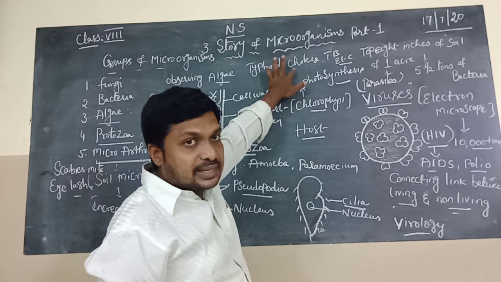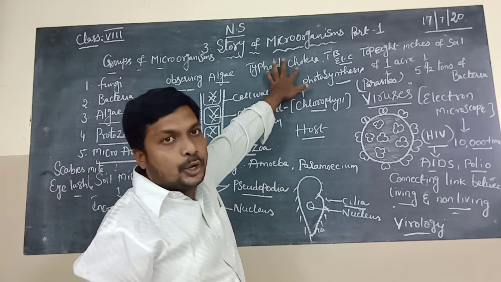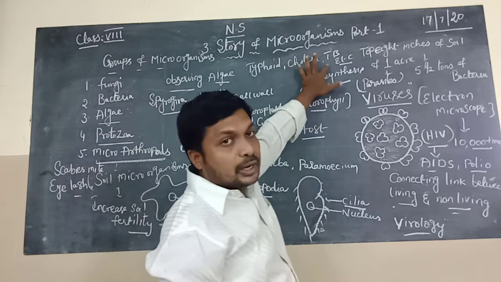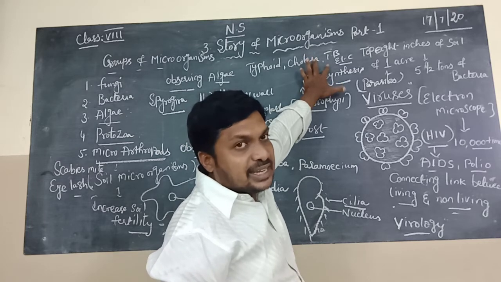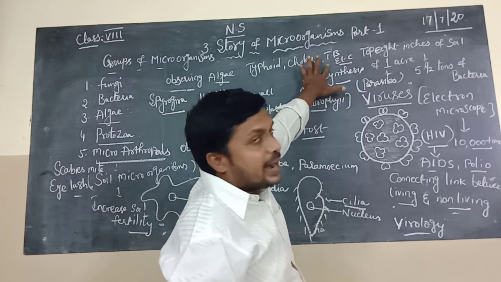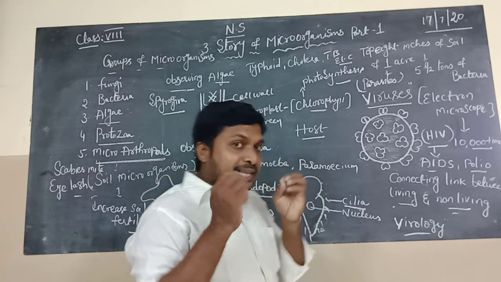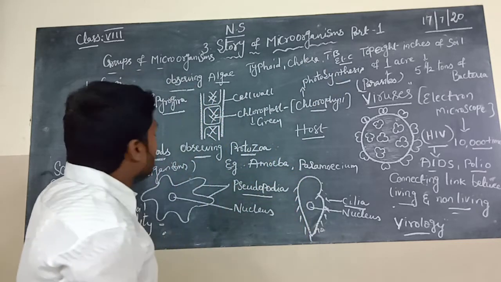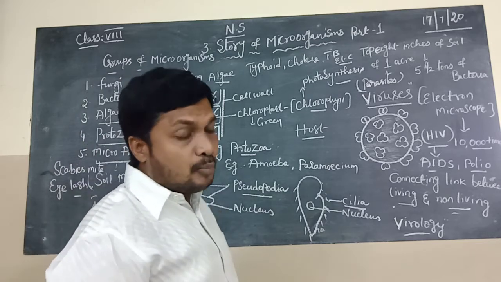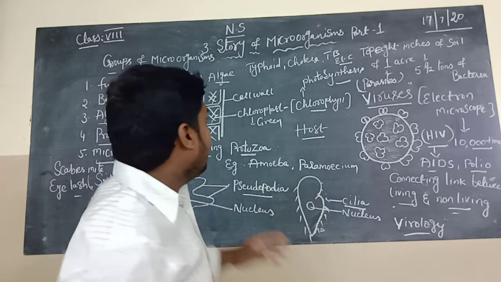Cholera is caused by a bacteria known as Vibrio cholerae. TB, tuberculosis, is a disease which occurs in the lungs. It is caused by a bacteria known as Mycobacterium tuberculosis. This means some bacteria are useful to us, some are harmful to us. Some cause diseases to animals and human beings.